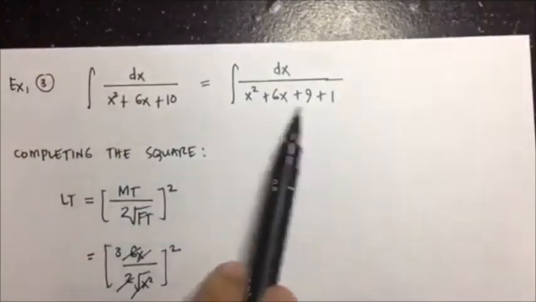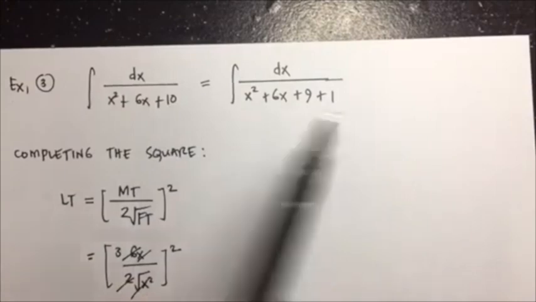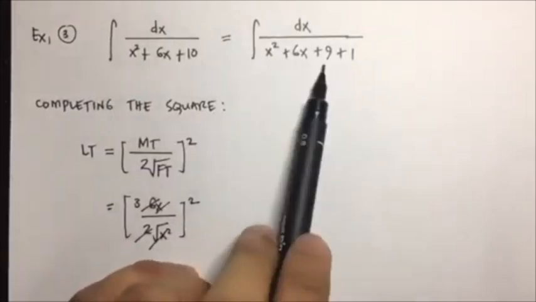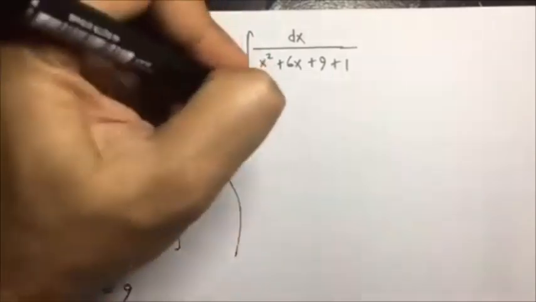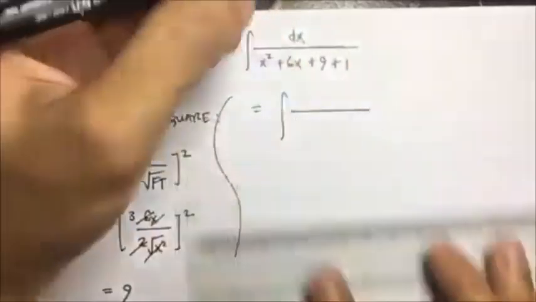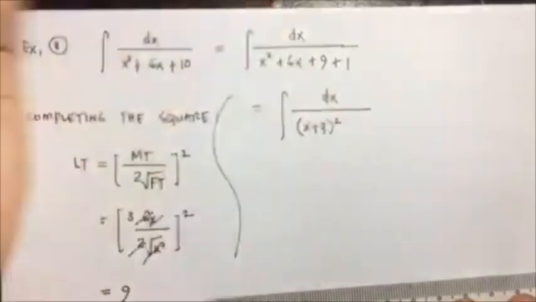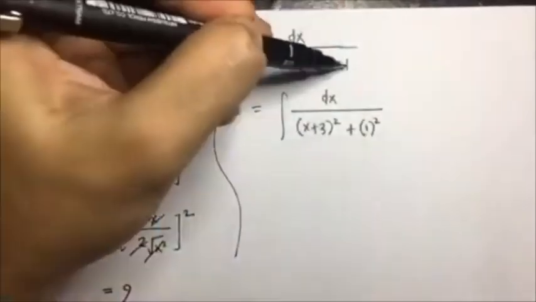See what we did there: we broke down 10 into 9 and 1, so that this becomes a perfect square trinomial. So x squared plus 6x plus 9 is equal to x plus 3 squared, plus 1 squared. Okay, 1 is 1 squared, right?